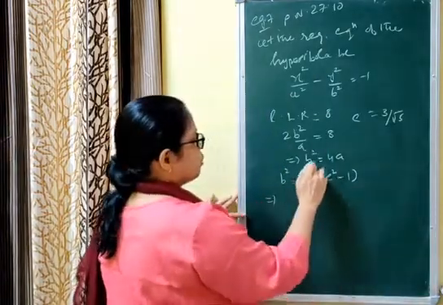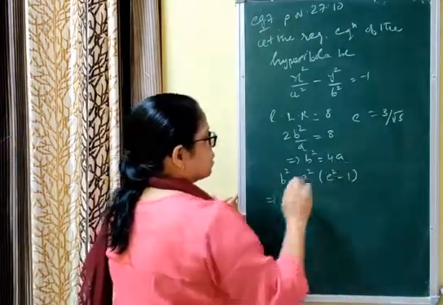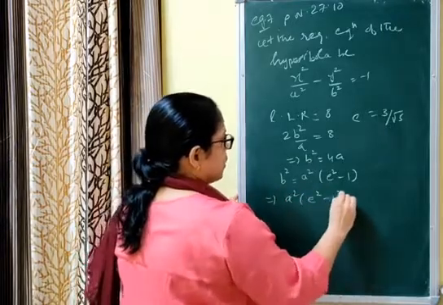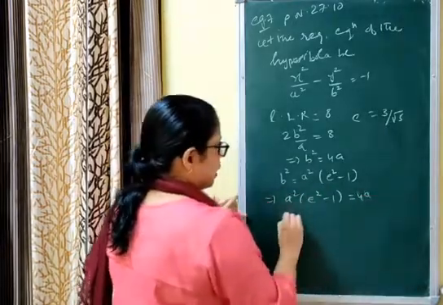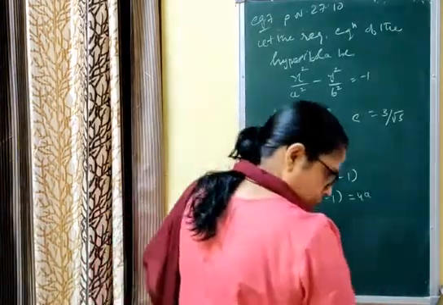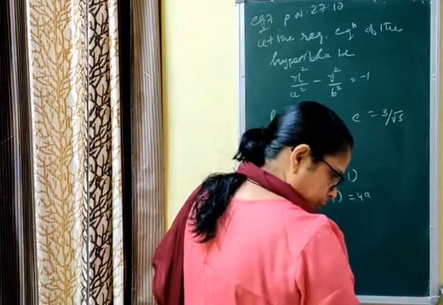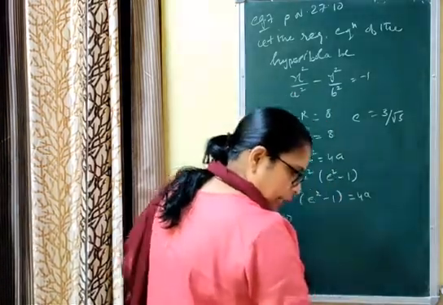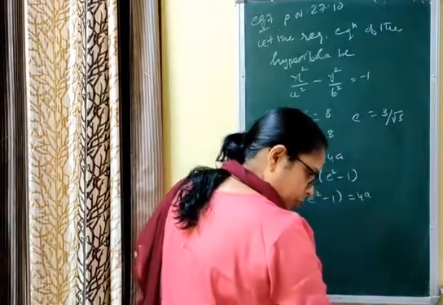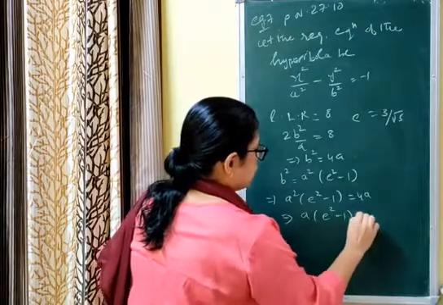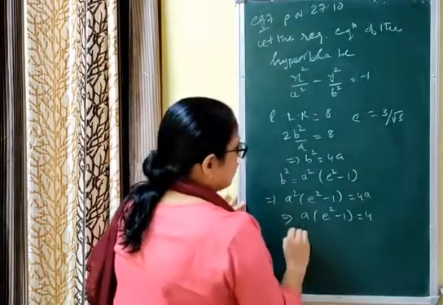Replacing b square equal to a square into e square minus 1 in this equation, we will get a square into e square minus 1 is equal to 4a. One a is getting cancelled, a into e square minus 1 equal to 4.